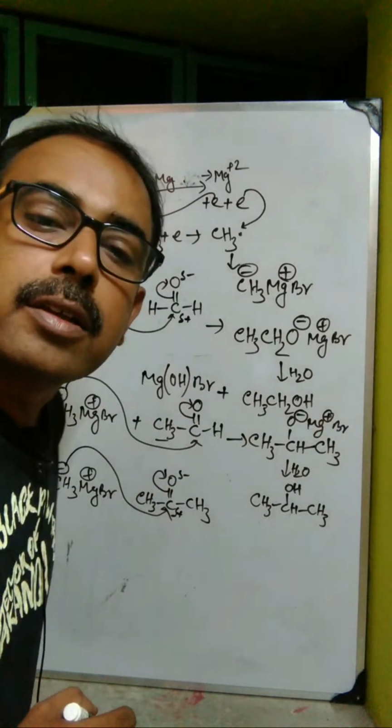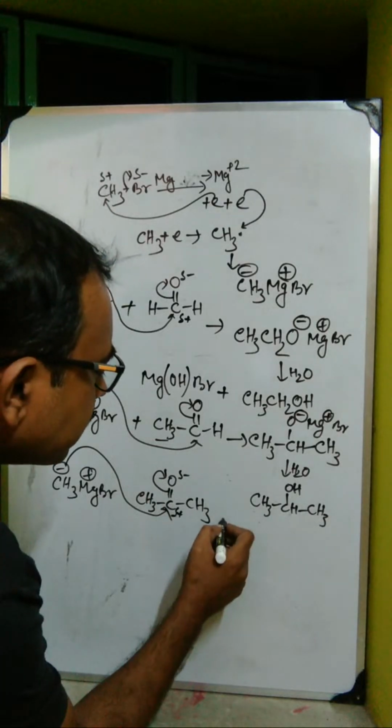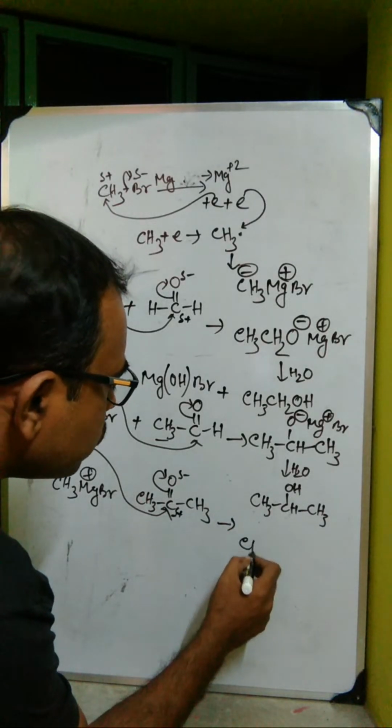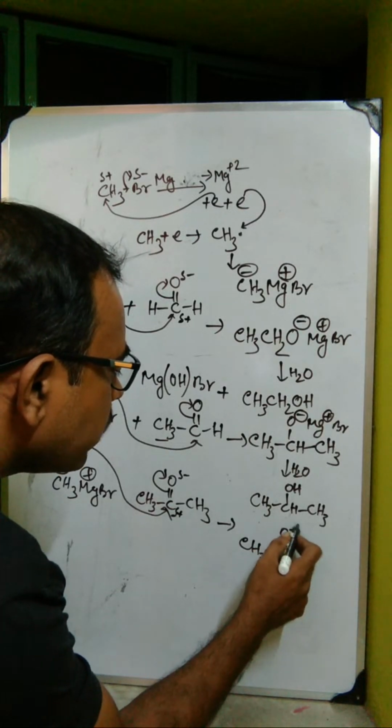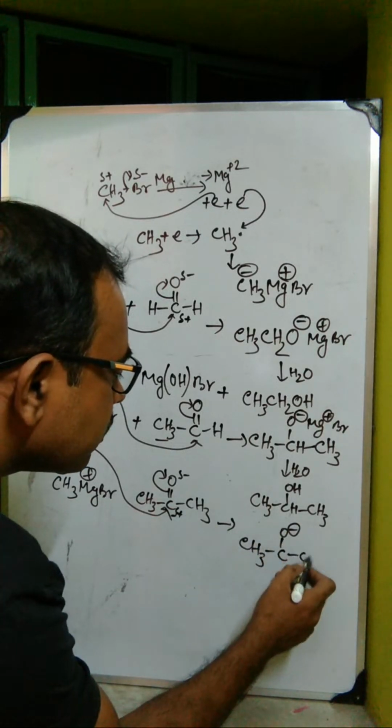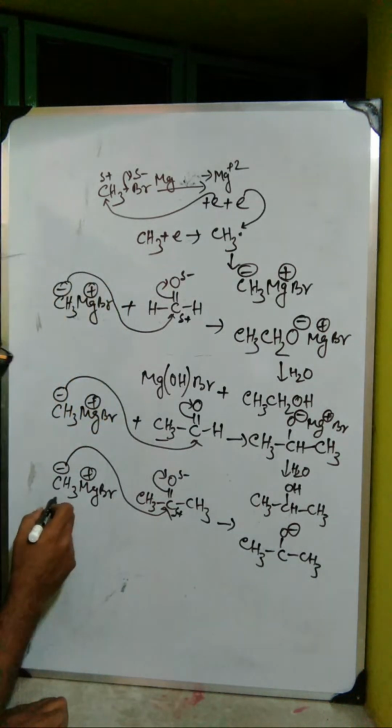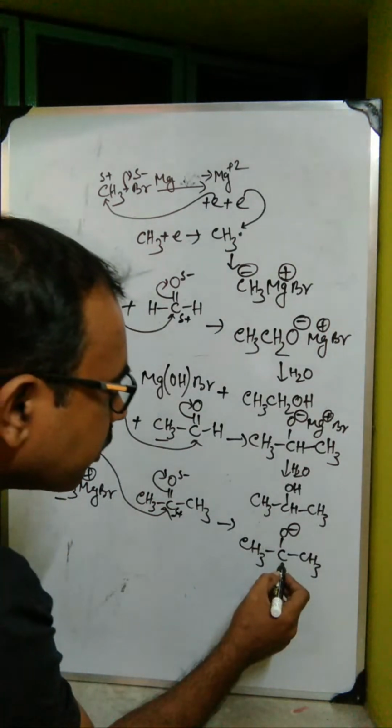When it attacks the carbonyl carbon, the pi bond totally shifts to the oxygen atom. So the product is CH3, then C with a single bond, O minus, then CH3 is also there, and again a CH3 comes from the methyl magnesium bromide, the Grignard reagent.